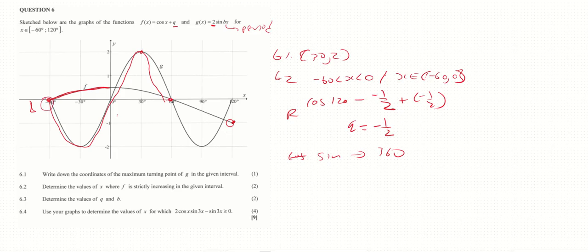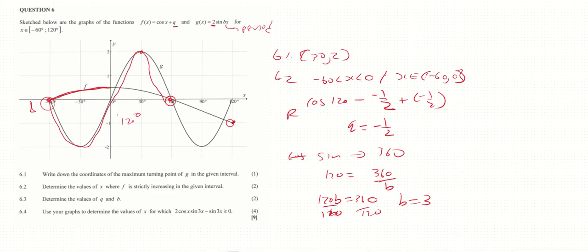The cycle from negative 60 to 60 is 120. So the period of this graph is 120, which equals 360 divided by b. So b equals 360 divided by 120, which equals 3. So my b equals 3 in this case.